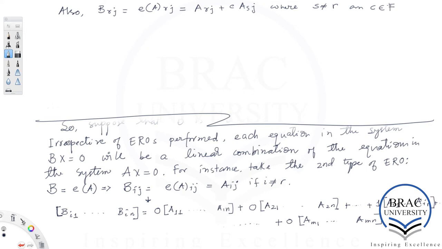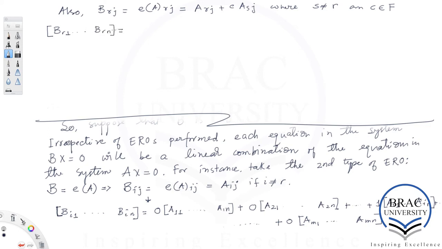Okay, so here we are concerned about the rth row of B now, which we write as Br1 all the way up to Brn.